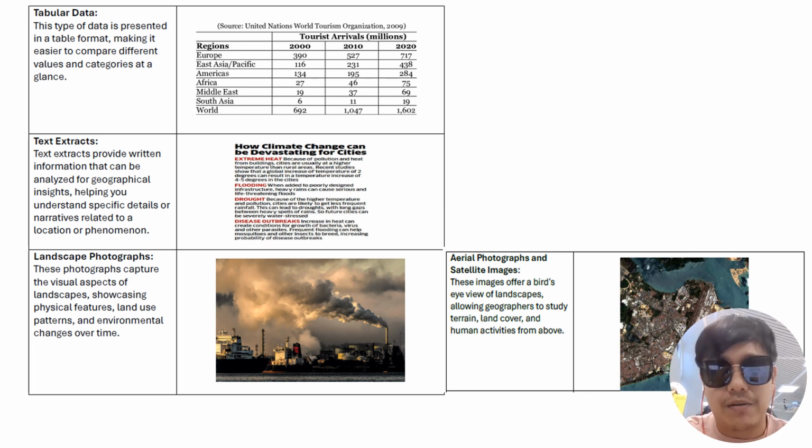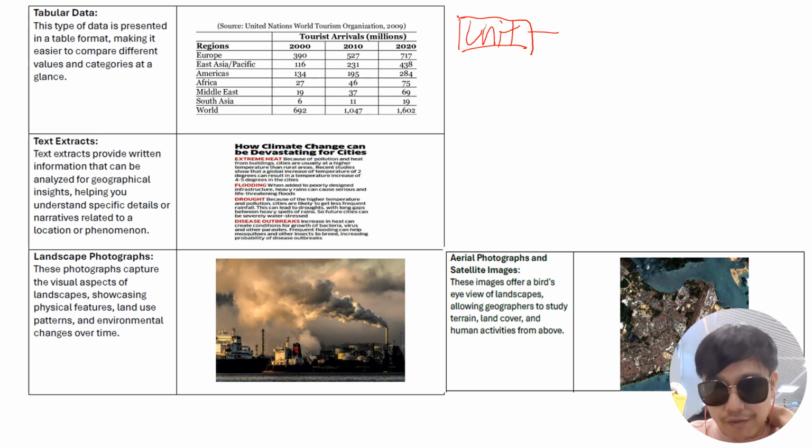For data interpretation, okay, a lot of students tend to forget the use of unit. Unit is very important. So obviously for this table data of tourist arrival, a lot of students will fall into the trap of saying, oh, in the year 2000, Europe receives 390 tourist arrival.